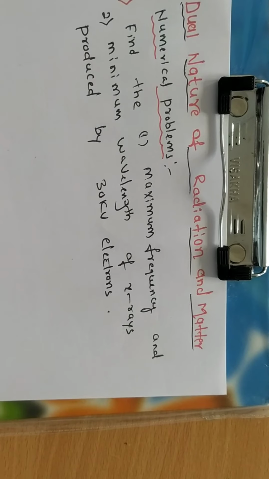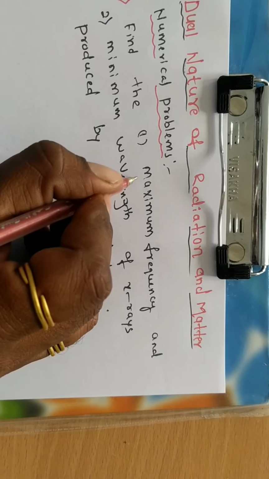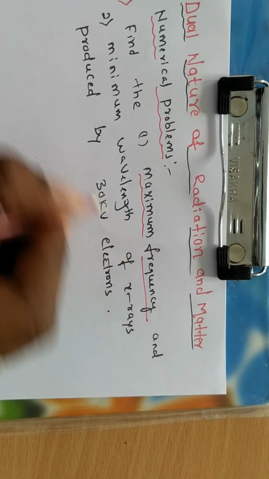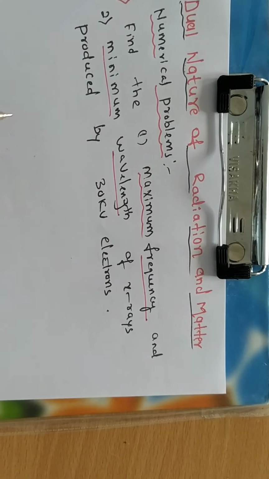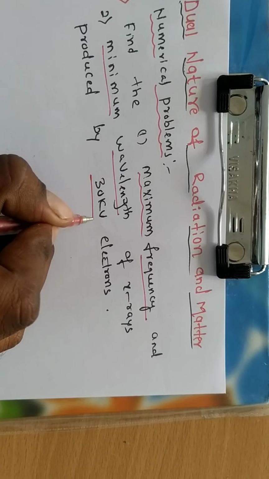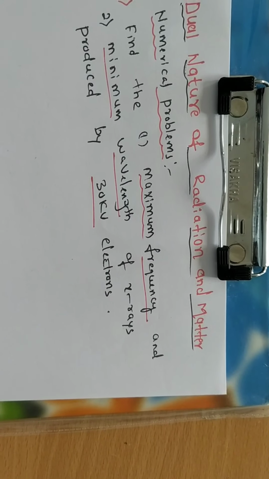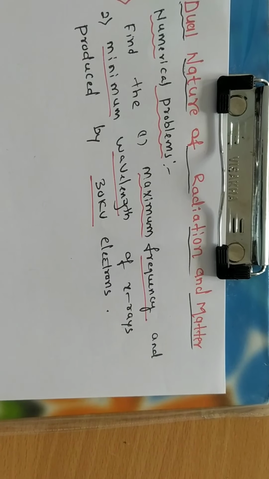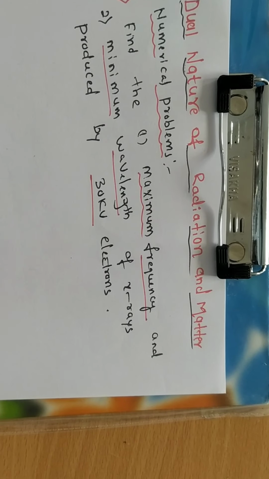Okay, this one is the given question. Find the maximum frequency and minimum wavelength produced by 30 kV electrons. 30 kV, nothing but here 30 kilovolt.